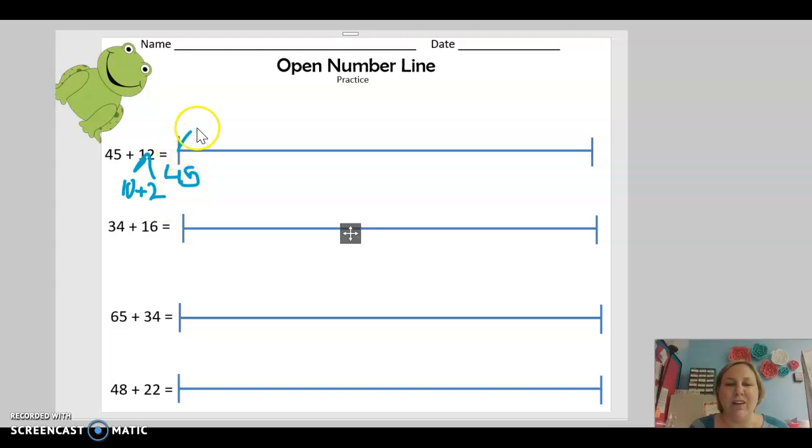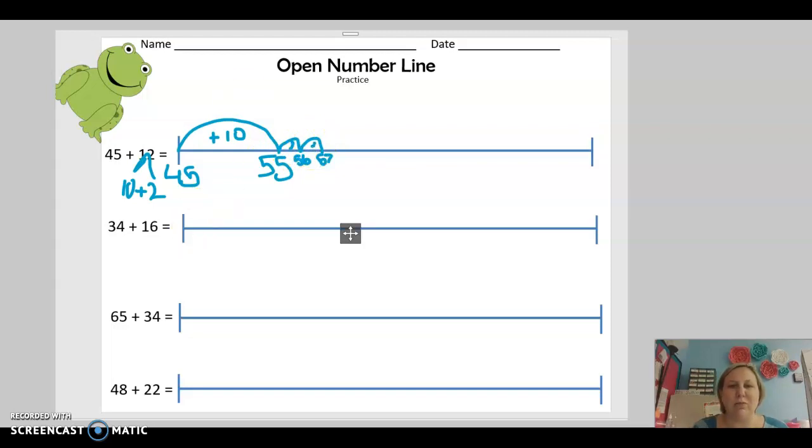So 45, and I do one big hop to add 10. 45 plus 10 equals, that's right, 55. Then I have 2 small hops, 56, 57. And I'm going to write that in there to show my math thinking. I had 2 small hops left to do after I did my big hop of 10.